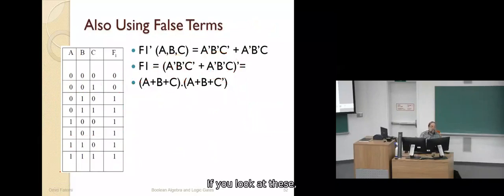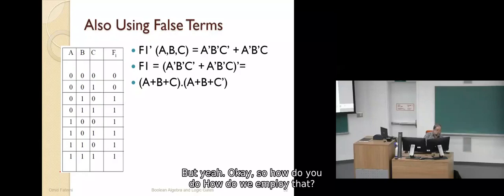If you look at this, you can make it even simpler. Any suggestions? A plus B plus C and A plus B plus C prime. How could we make it more simplified? Okay, so how do we employ that?